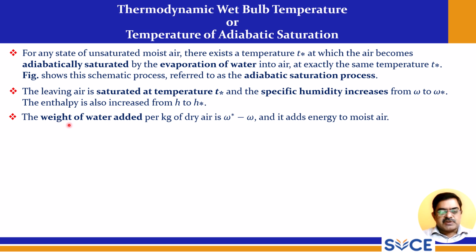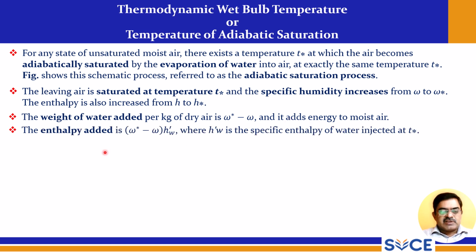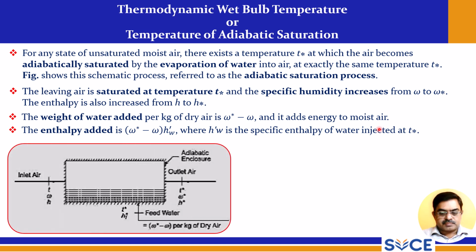So that is nothing but the weight of water added in this particular context, and it adds energy to the moist air. The enthalpy added in a similar way is omega star minus omega into h dash w, where h dash w is the specific enthalpy of water added at the same temperature T star.